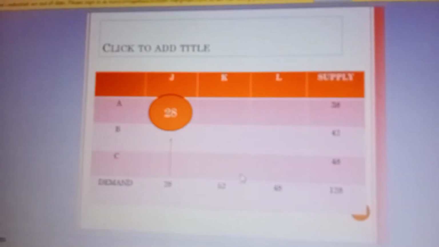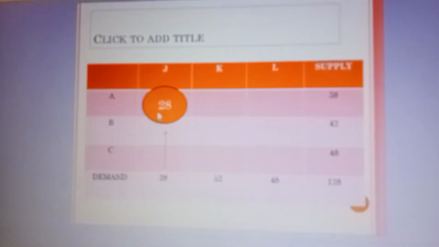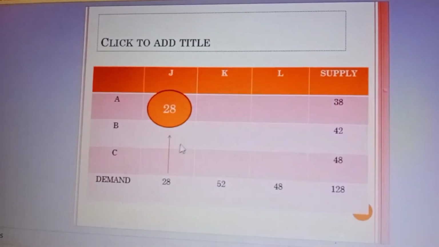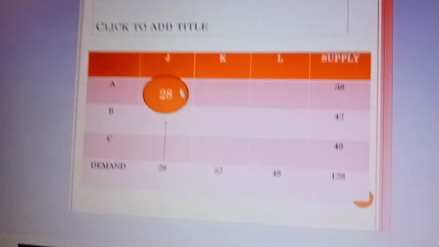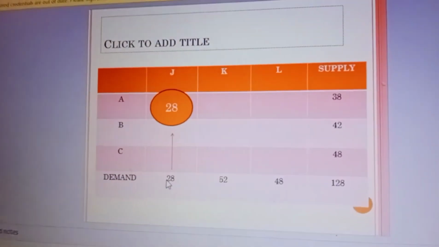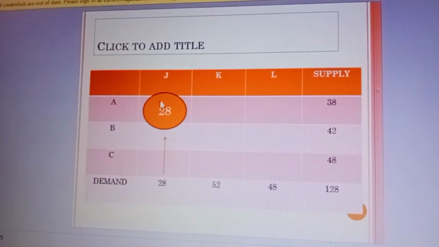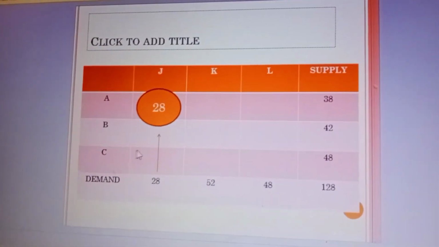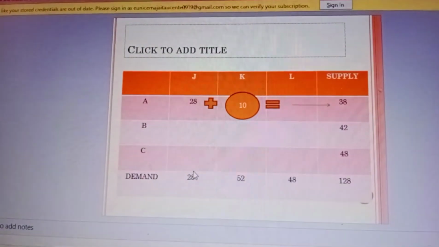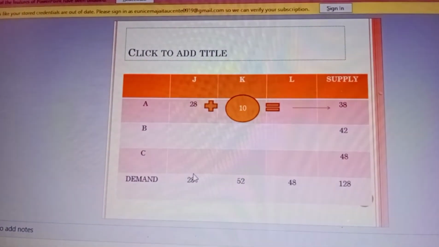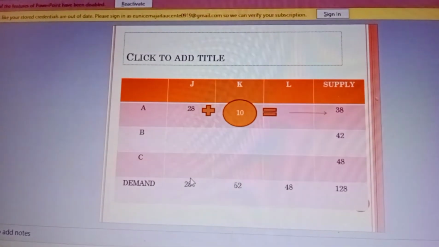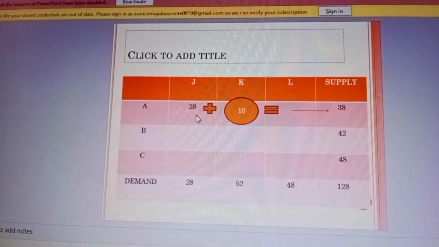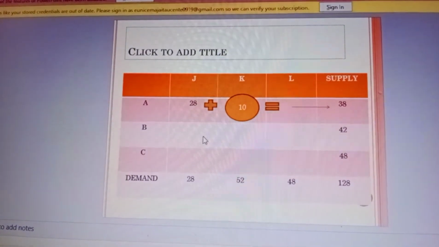We copy the number 28 in the blank under letter J, in the upper part, and that's the northwest method. We copy only the 28 in the upper part of letter J. Then you have to think of the number that, when you add it to 28, the answer is equal to 38.